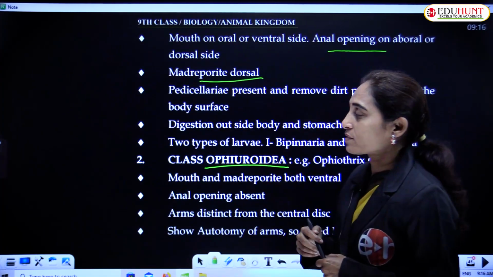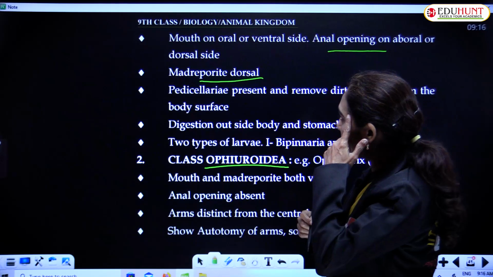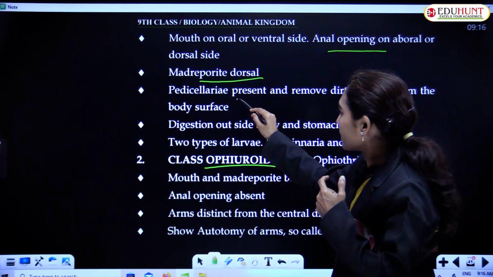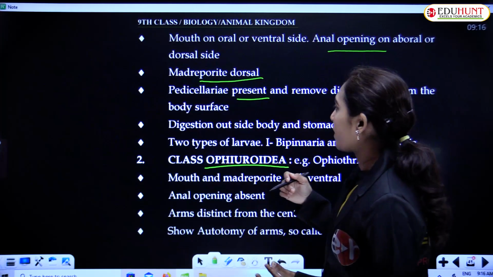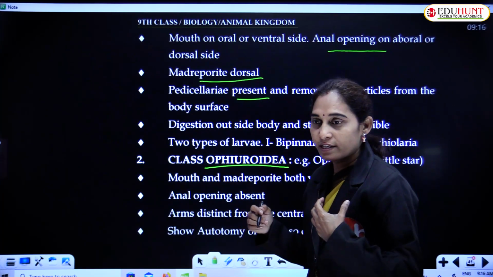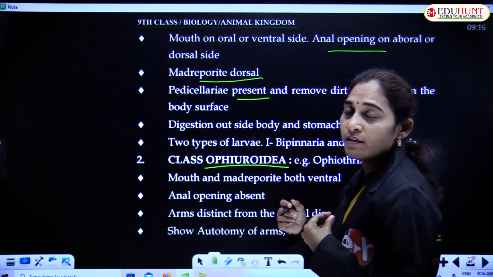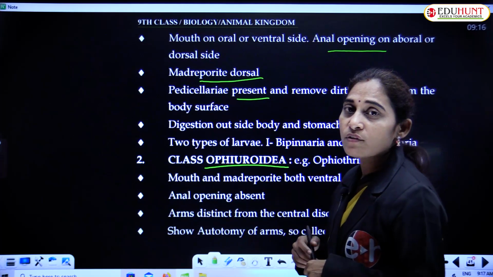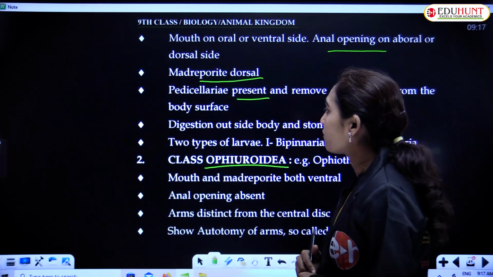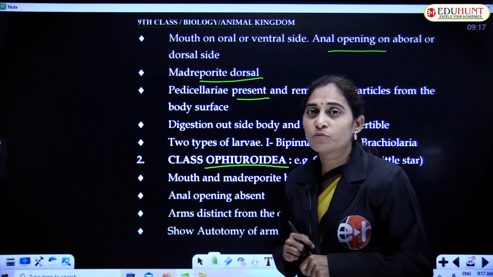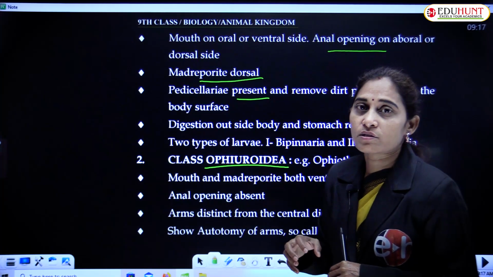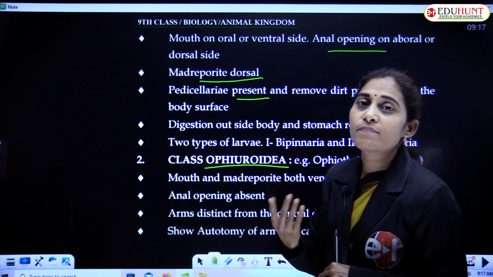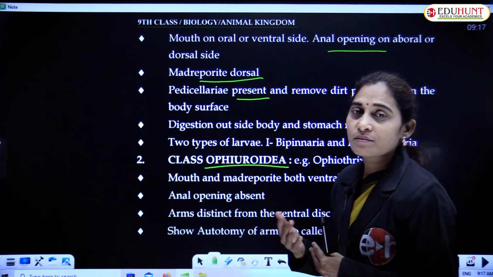Madreporite is dorsal, and also pedicellaria are present, structures which help in removal of dust particles from the body surface. Why should dust particles be removed? Because they close the pores. If the pores close, they face difficulty in breathing and excretion processes.